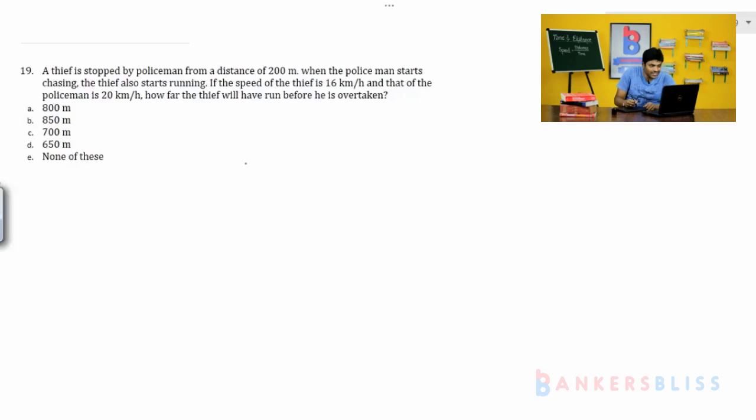See here, consider the distance between the policeman and the thief is 200 meters. The distance is in meters, but the speeds are police 20 km per hour and thief 16 km per hour. The thief is running in this direction and the police is running in this direction. The police want to catch the thief.